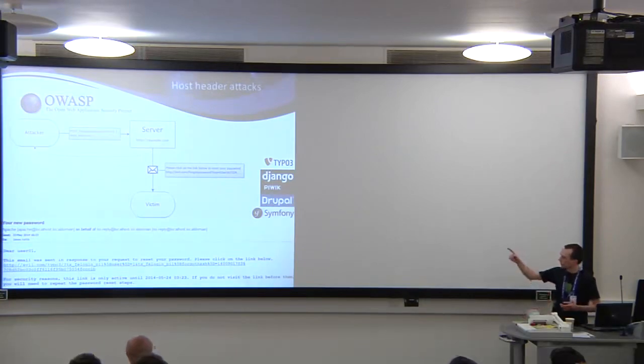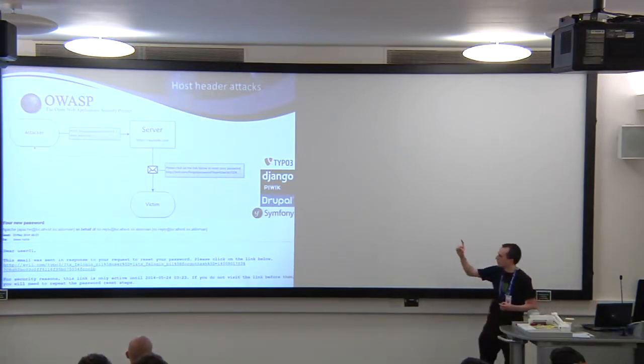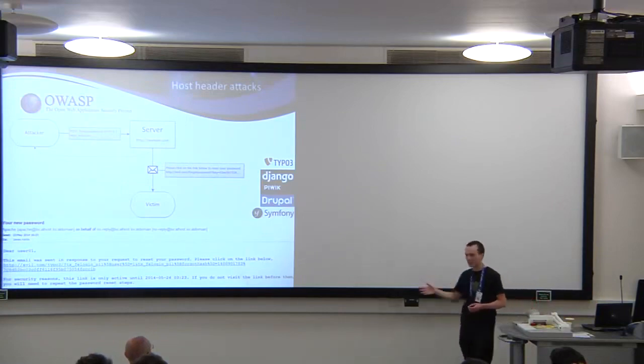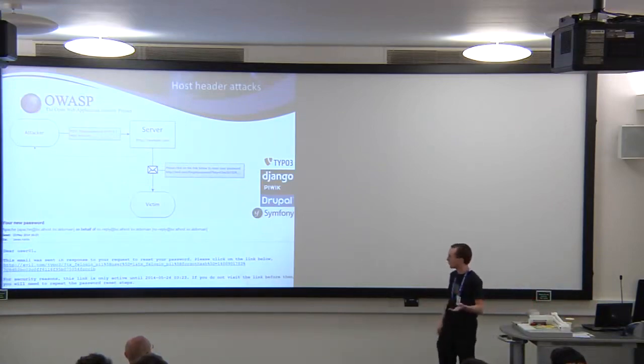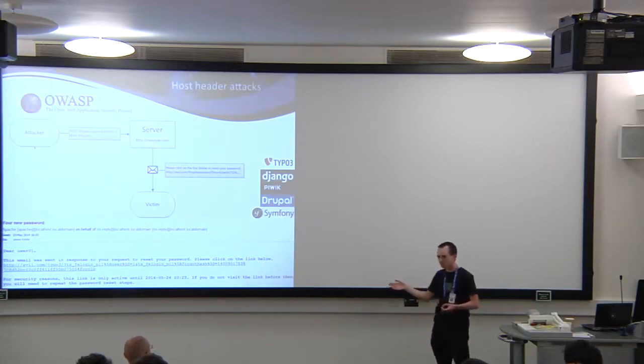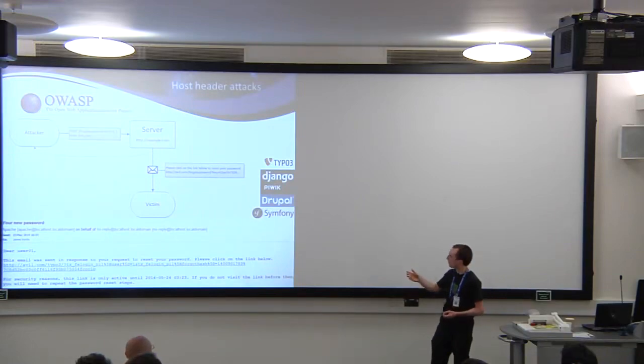The dotted line on that diagram shows an alternative attack where, if you're lucky, that application will place the host header in an email header, and then you can simply CC yourself on the password reset email.